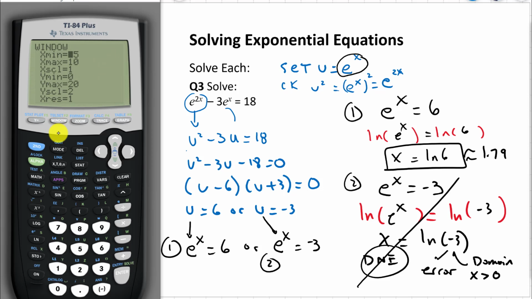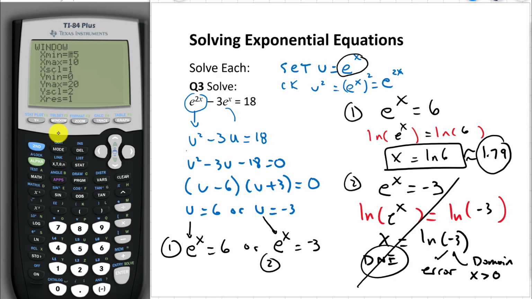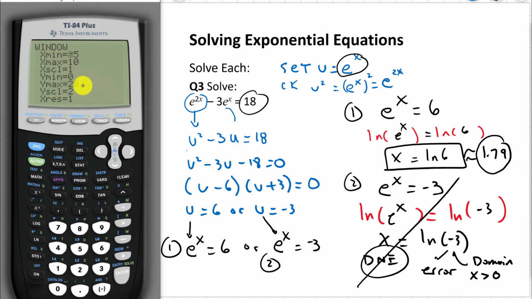And my window, since I'm talking about 1.79, doesn't need to be too big, but I put -5 to 10. Now, we already know the domain can't be negative from that discussion down there, so I could have easily gone 0 to 10. And my biggest y is 18, so I made it go up to 20 here.